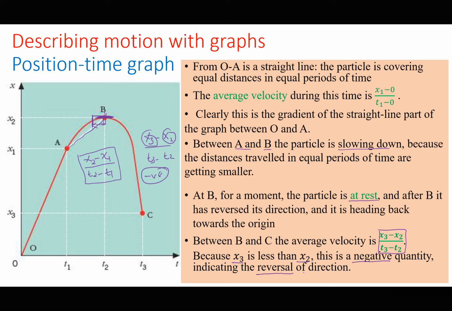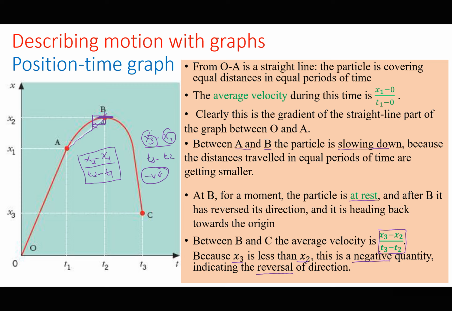Then between A and B we see that the line has a decreasing gradient, where we shall later see that the gradient is actually going to be the velocity. So between A and B, someone would say that the body is slowing down, so the speed is decreasing because the gradient is decreasing.